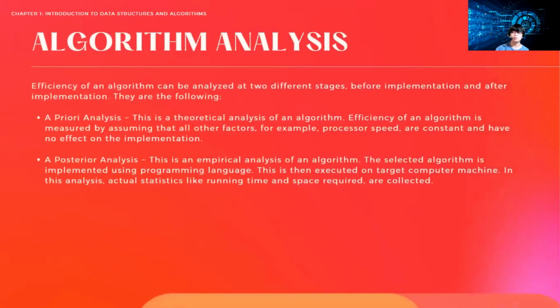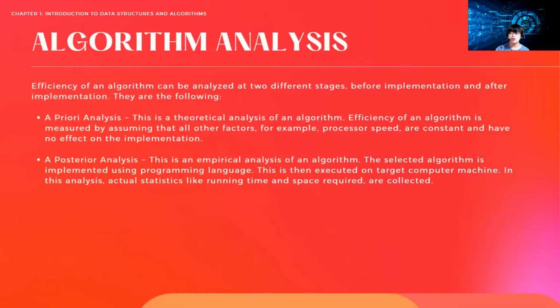So again, you go back to the characteristics and how to write the characteristics of the algorithm. And when we say algorithm analysis, the efficiency of an algorithm can be analyzed at two different stages: before implementation and after implementation.